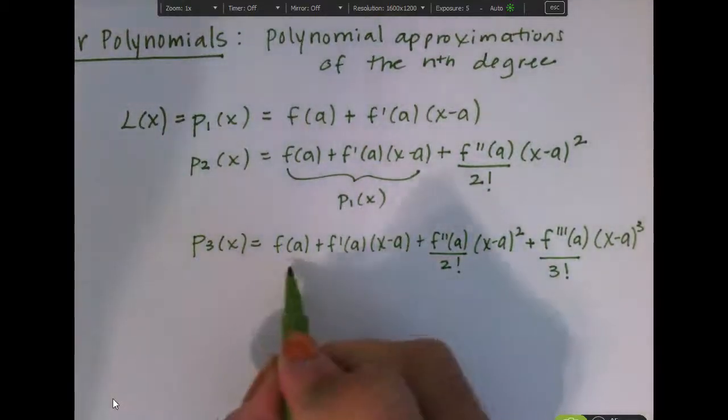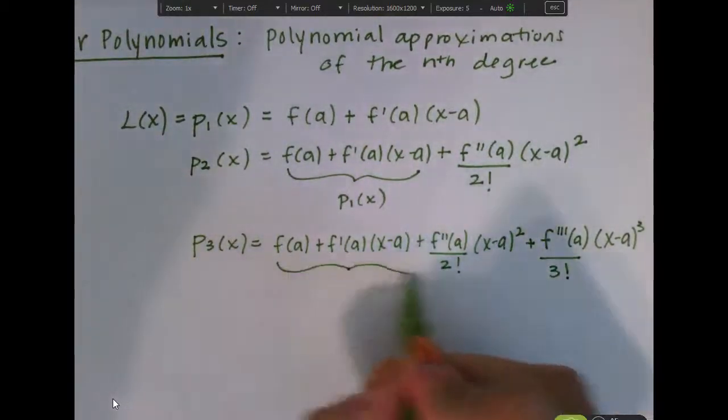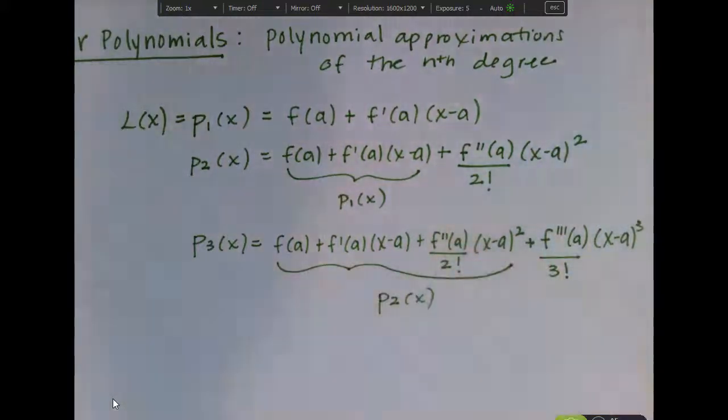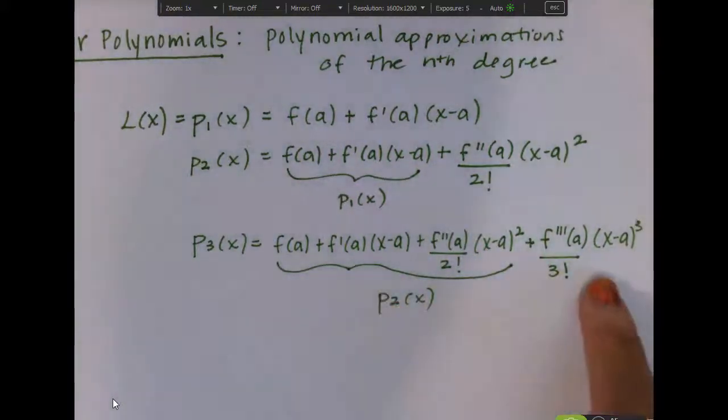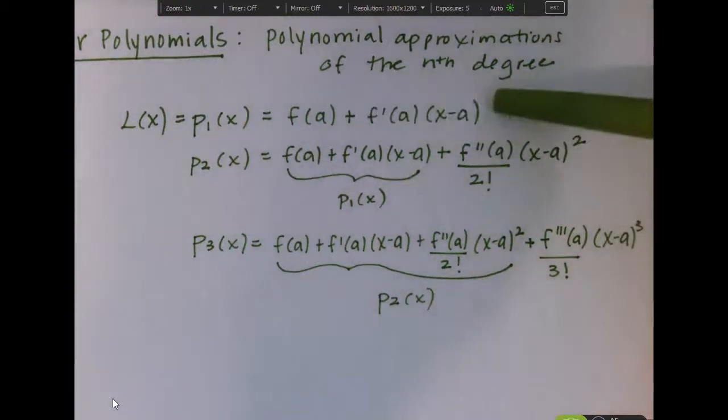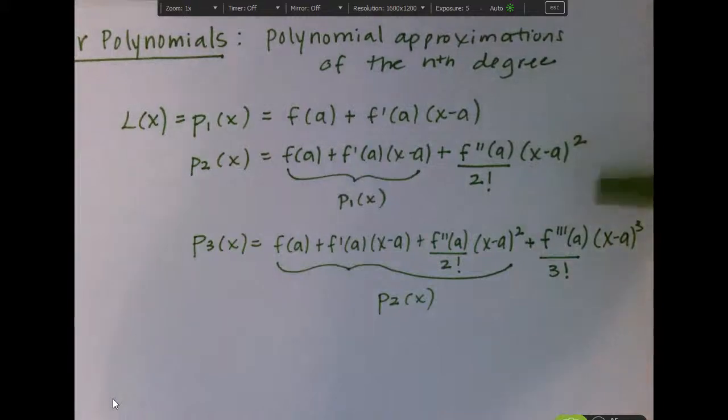And again, we've taken all of this, which is P2, and we've just added another term to it. So you can see each time we're taking everything that we had from the polynomial approximation before it, and we're just continuing to sum those pieces up and add another term, which is why it so closely relates to an infinite series, because we are summing what comes before.